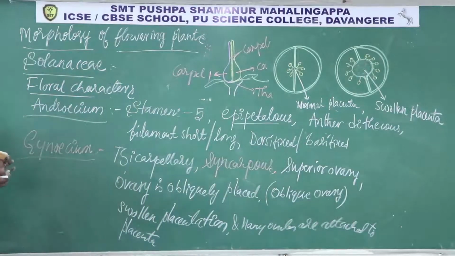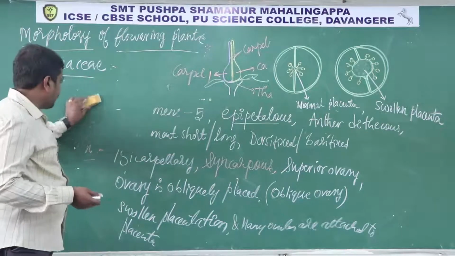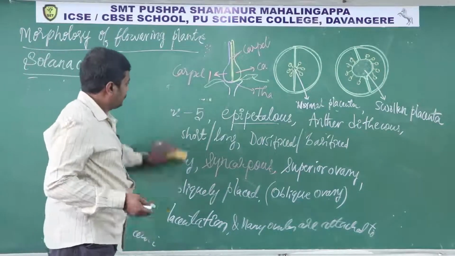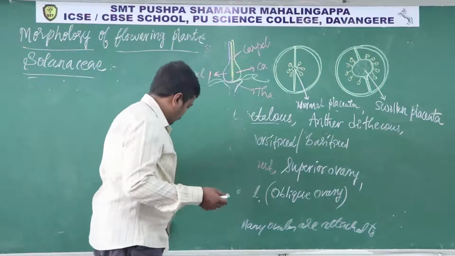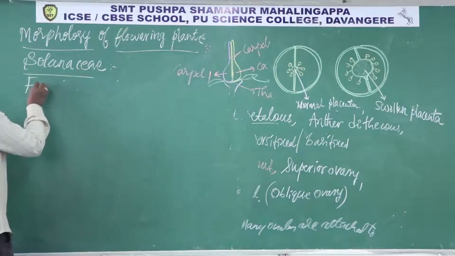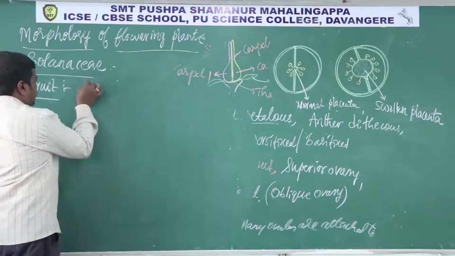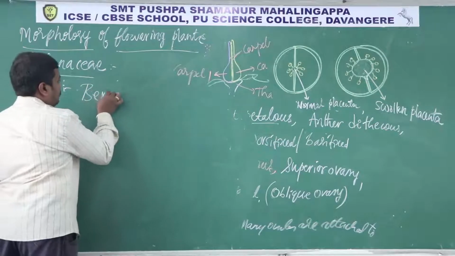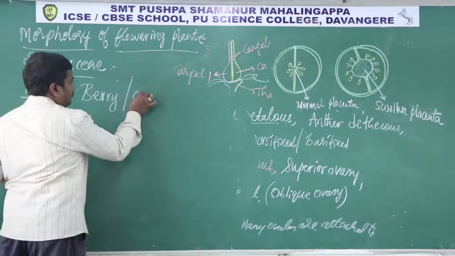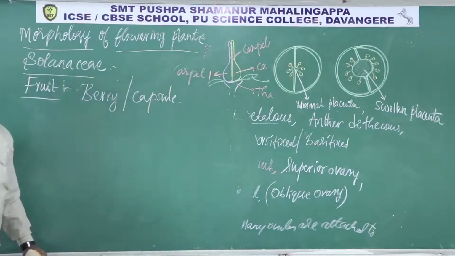Okay. Yeah, so this is about gynoecium. So it completes the floral character. Next is fruit and seed character. So let's come to the fruit. Okay, so fruit is a berry like in tomato, or capsule in capsicum.